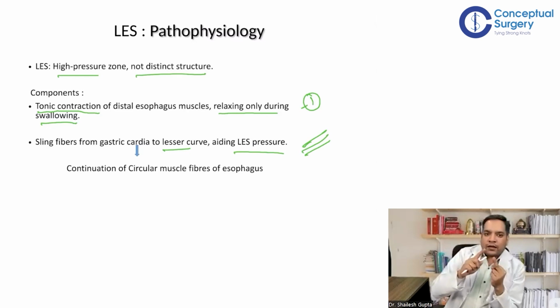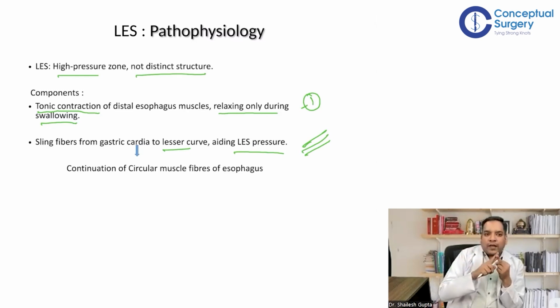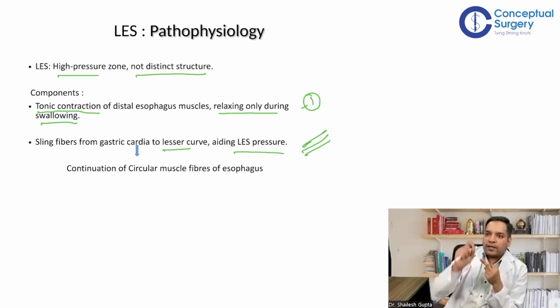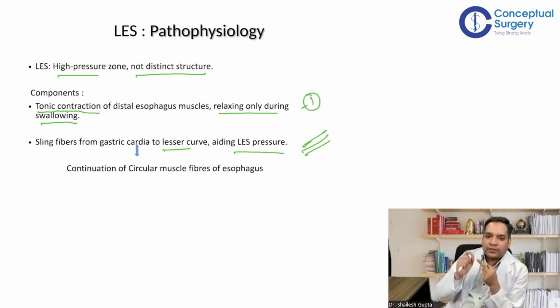We have discussed two components; there are four components. Number one, tonic contraction of the distal esophagus, continuous tonic contraction; it relaxes only during swallowing. Number two, sling fibers from the gastric cardia to the lesser curve also augment the LES pressure, and these are a continuation of the circular muscle fibers of the esophagus.